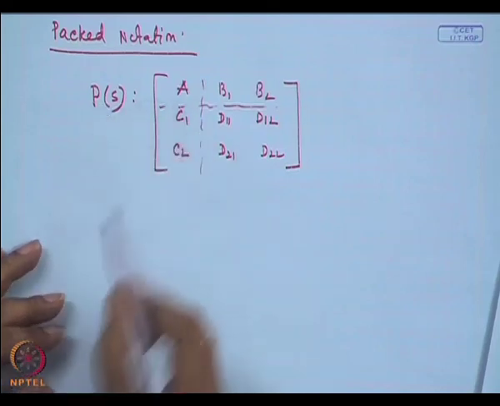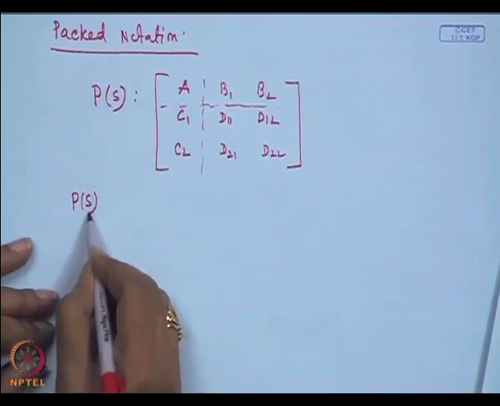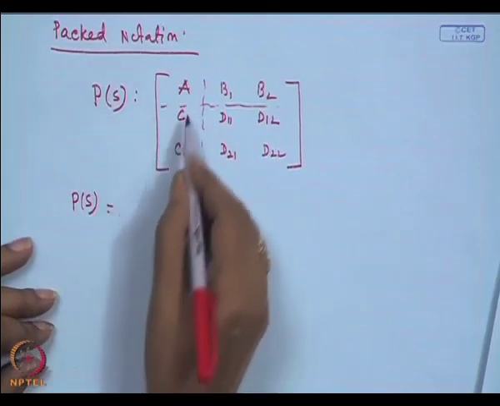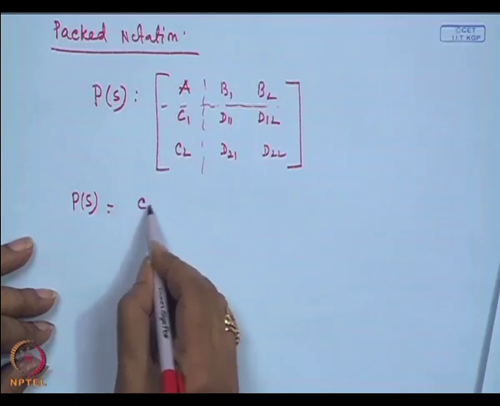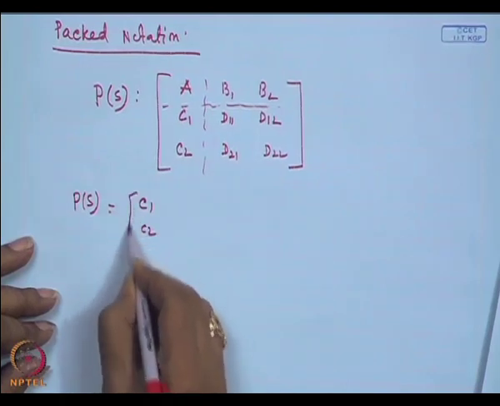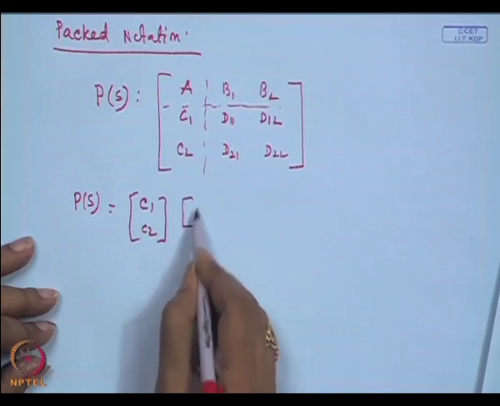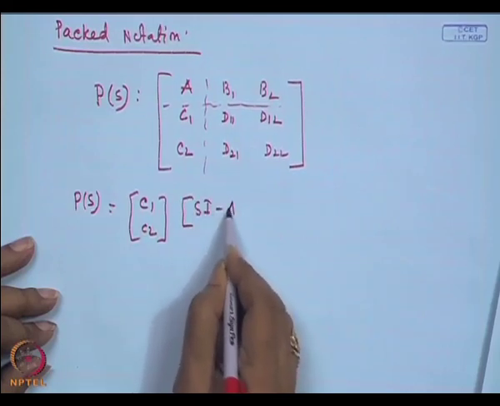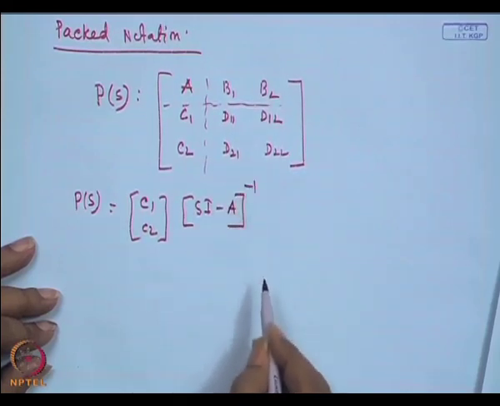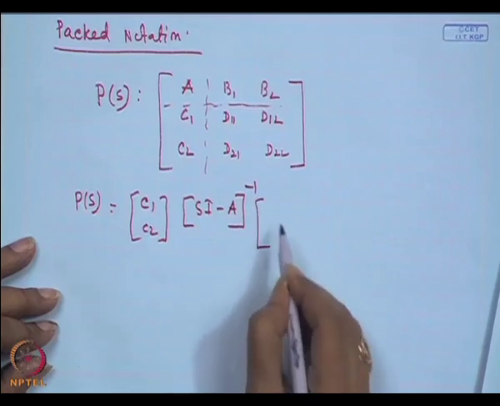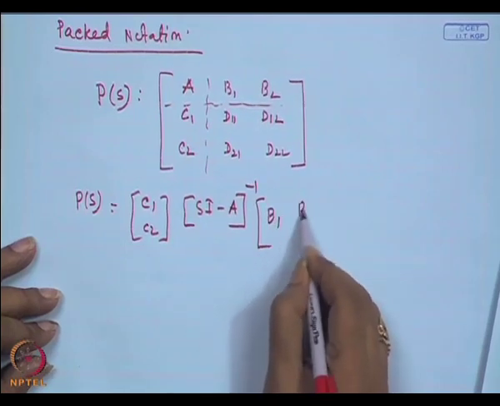And what is our P S? Once I know this, P S is: C, which is C 1, C 2, then (S I minus A) whole inverse, and B, which is B 1, B 2.